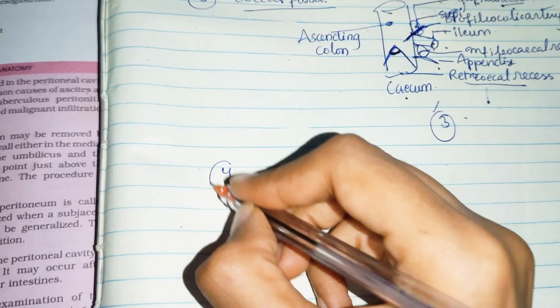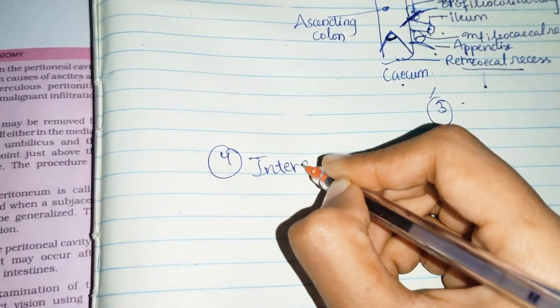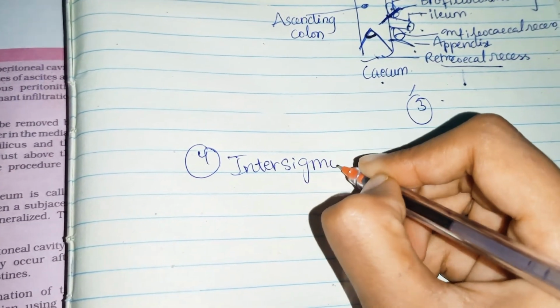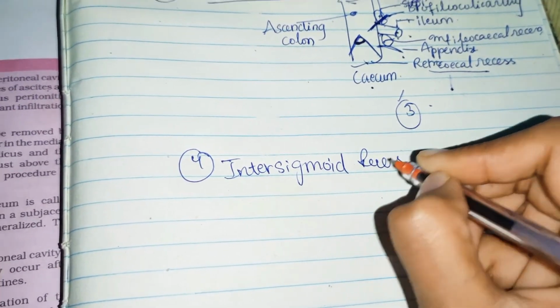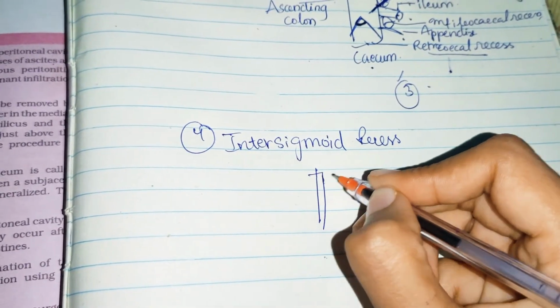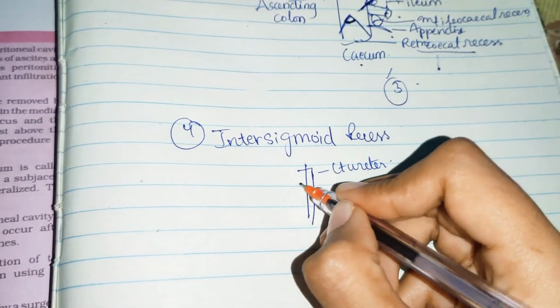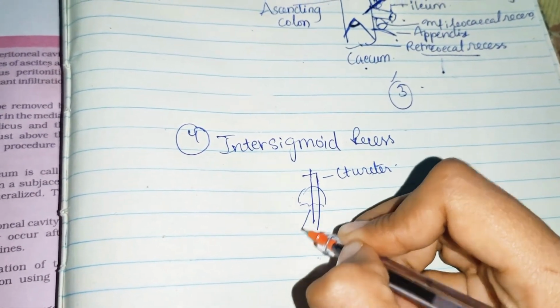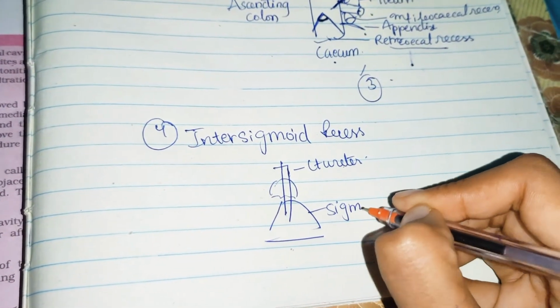The last one is our intersigmoid recess. Here you have the left ureter. This is the sigmoid mesocolon.